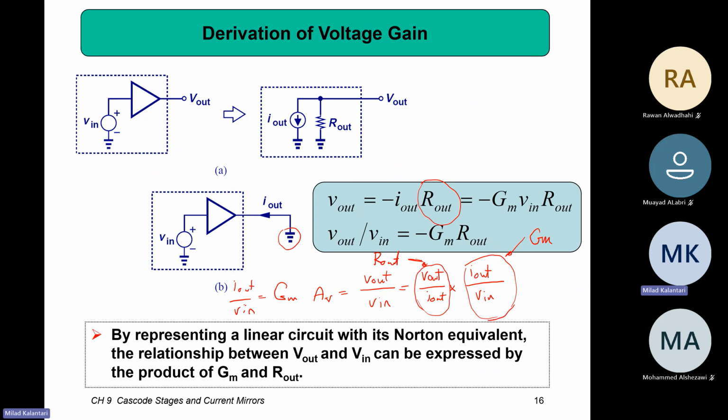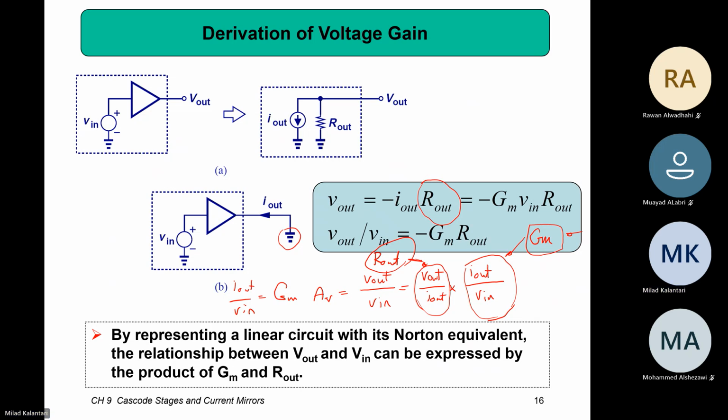So if you do it this way, it's sometimes easier to calculate the gain. You break it into two parts. First, you short circuit the output. You calculate the capital GM, and then you calculate the R out of the device, and then just multiply. So from here, we can see that for higher gain, we can try to increase this GM and we can try to increase the R out.